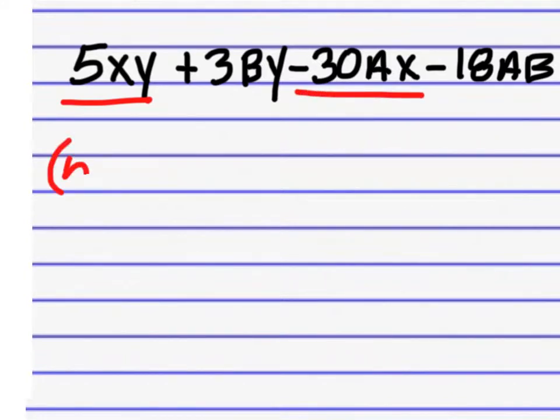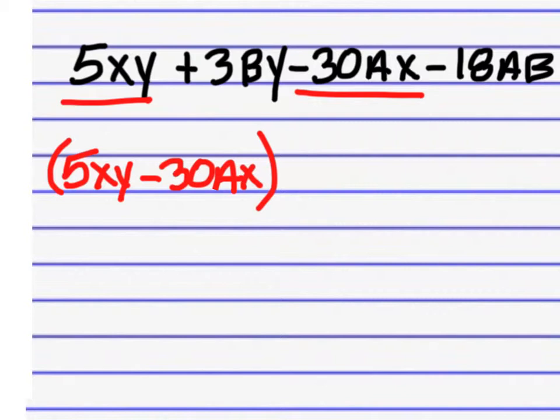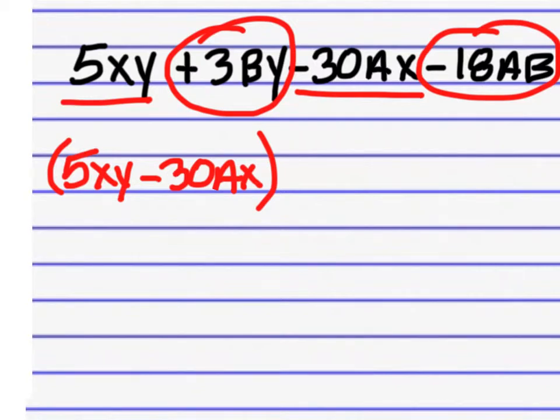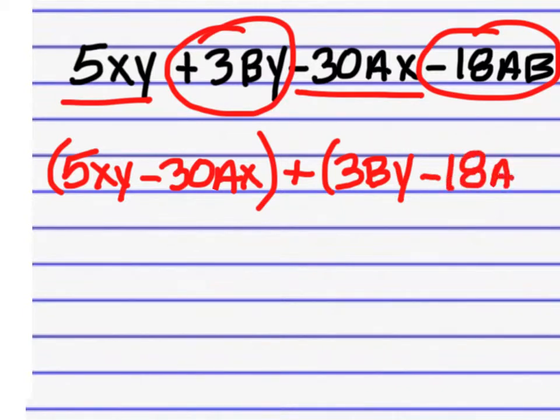So I'm going to put 5xy minus 30ax together. That leaves me with this and this. So plus the quantity 3by minus 18ab. Now I'm going to factor out.